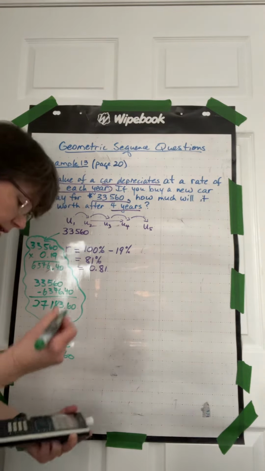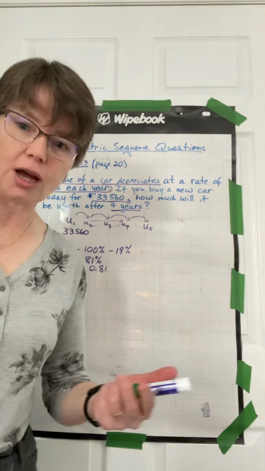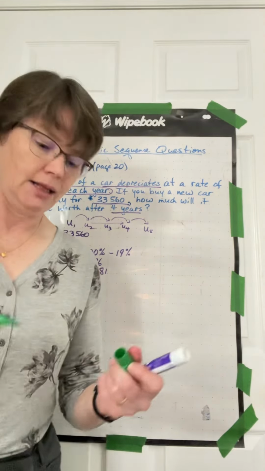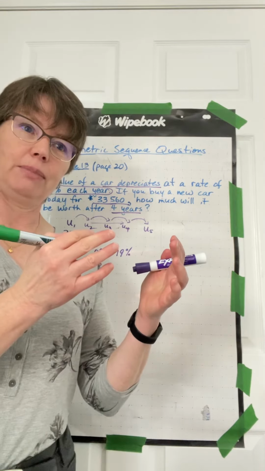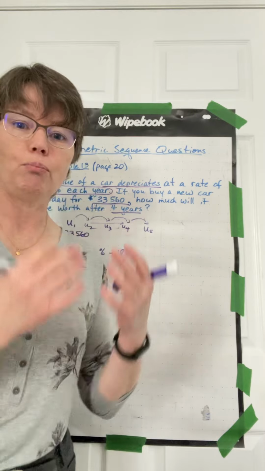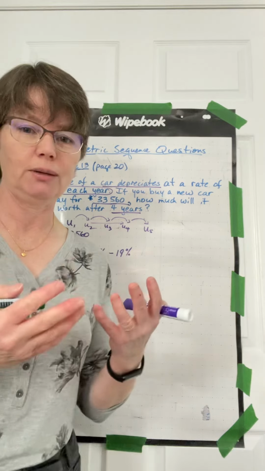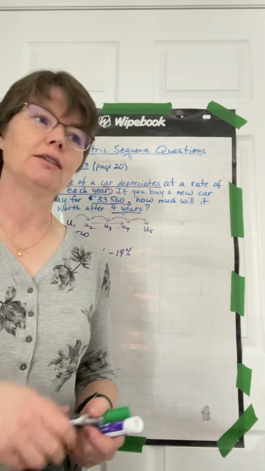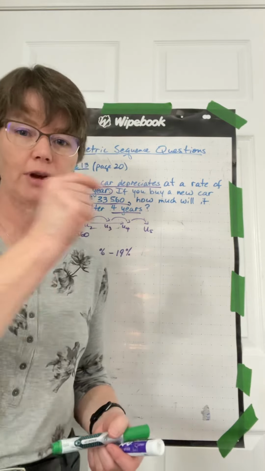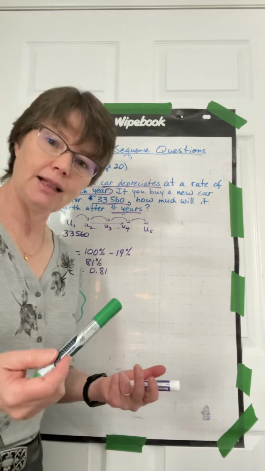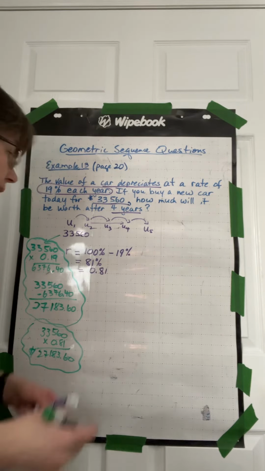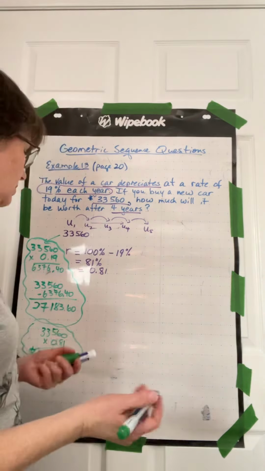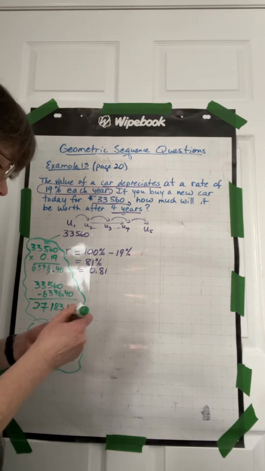Okay, you can do this same kind of thing if you're shopping and you see that something is 20% off. You can take the original amount that it cost and multiply it by 0.8 to figure out what it actually costs, instead of multiplying by 0.2 and then subtracting that number from the original amount. Okay, so this is just a shortcut way, and it lets us use geometric sequences in our problem.